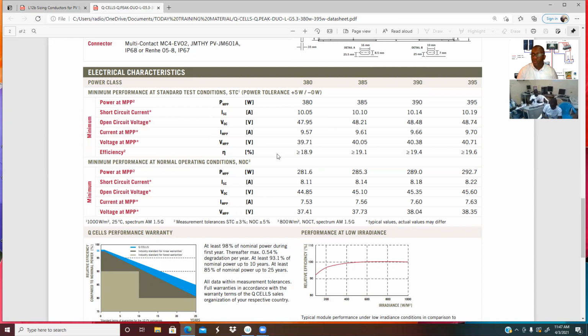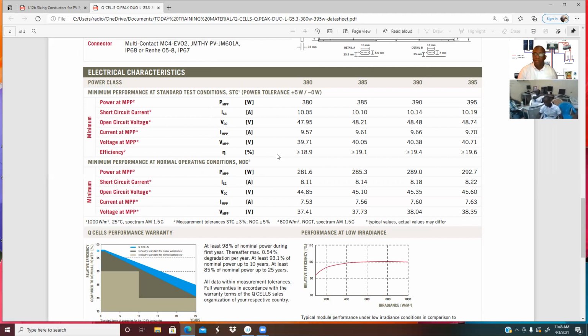I have a quick question for you guys. What is the difference between a conduit, a conductor, and a circuit? The conduit is the carrier, the raceway where conductors are passed through.